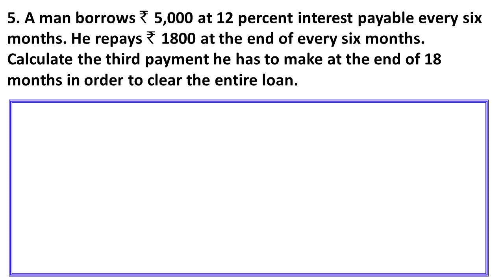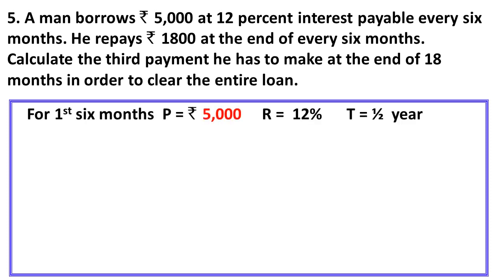So this problem starts with the same format as question number 4. Here, the compound interest is payable for every 6 months. That means the conversion period is 6 months. So principal changes at every 6 months. Here also, after the 6 months duration, he is going to repay rupees 1,800. So let us start with the problem.